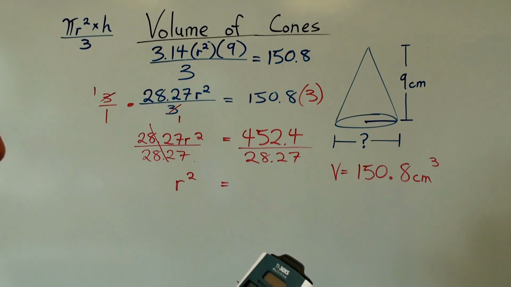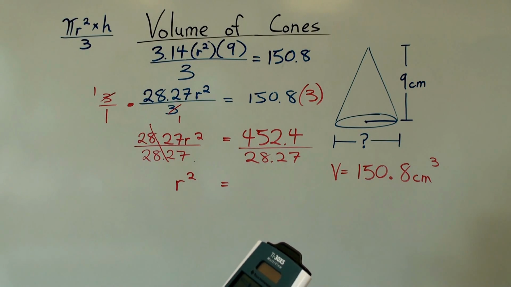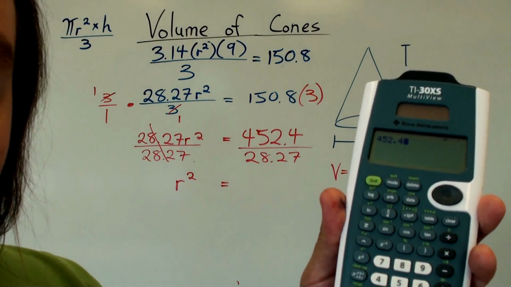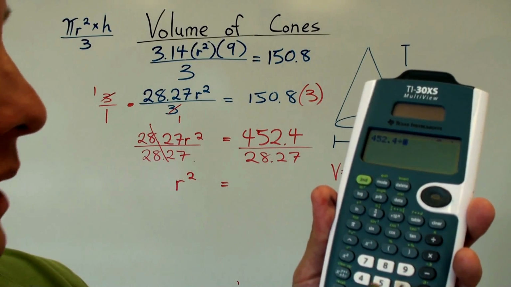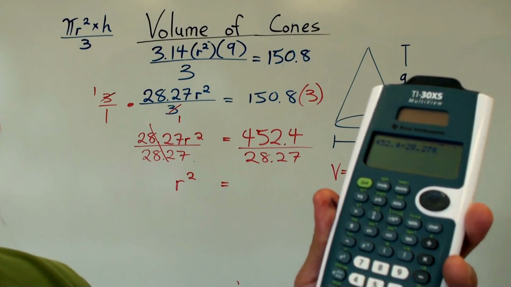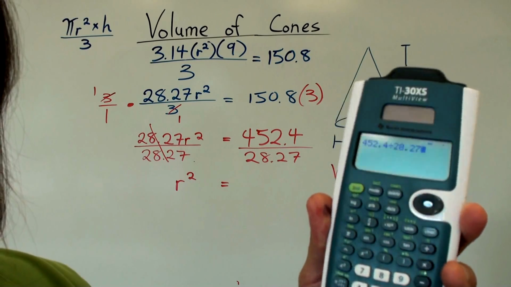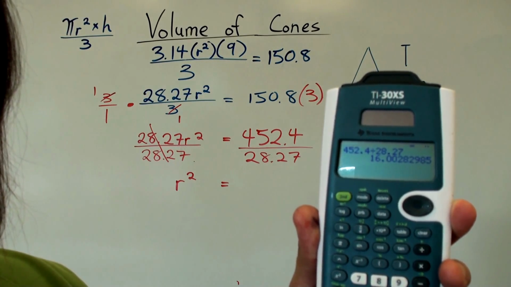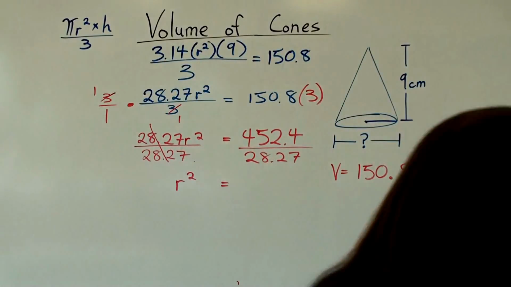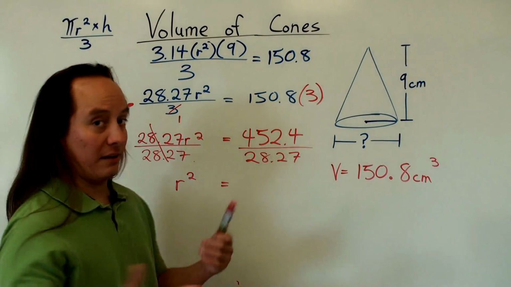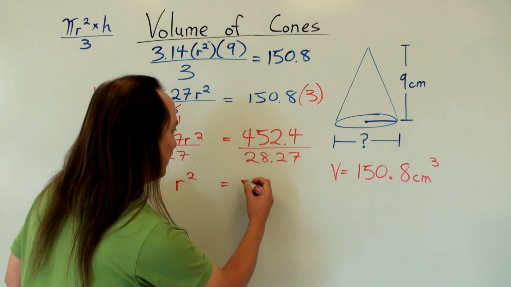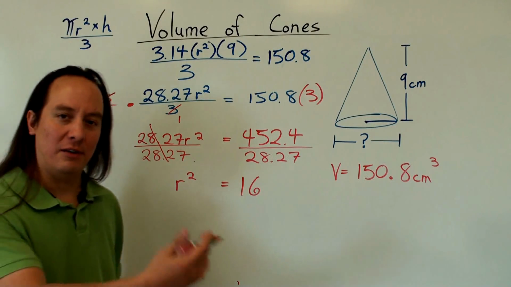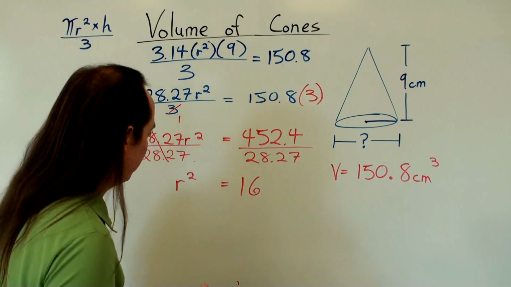So 452.4 divided by 28.27 is equal to 16.00. That's a nice, almost exact number, right? So let's just say it's equal to 16, approximating, but when it's 16.00, that's pretty good.